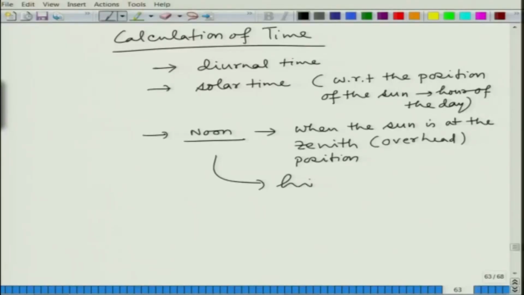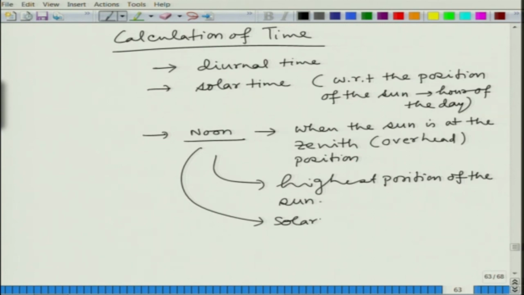So, the highest position of the sun in the sky for a particular day defines the noon. That is how noon is defined, and again we should specify it to be solar noon. That is one fixed point.